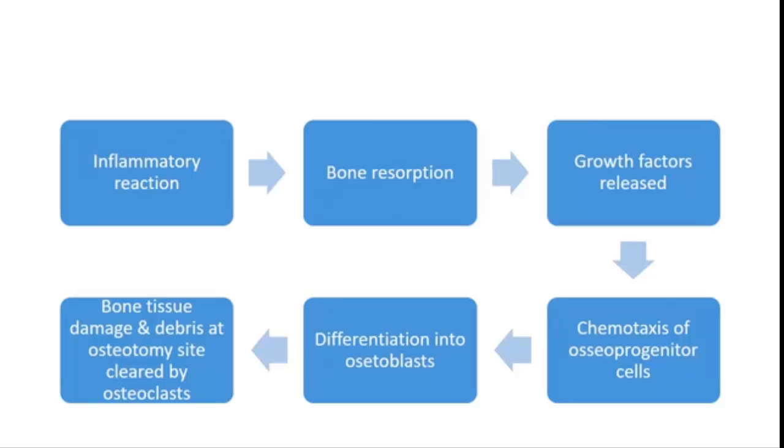Followed by that, there will be chemotaxis of the osteoprogenitor cells, or the stem cells, which get differentiated into osteoblasts. Followed by that, there will be bone tissue changes, that is damage and debris of the osteotomy site, cleared by the osteoclasts.